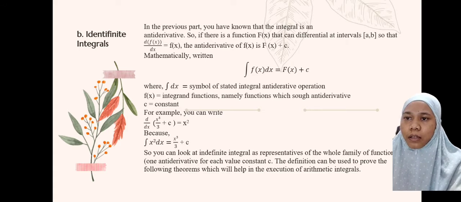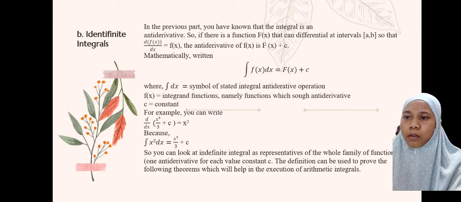For example, you can write d over dx of x cubed over 3 plus c equals x squared, because the integral antiderivative operation of x squared dx equals x cubed over 3 plus c.